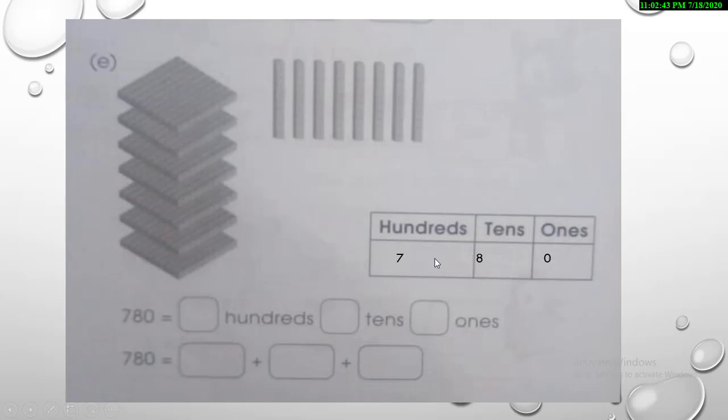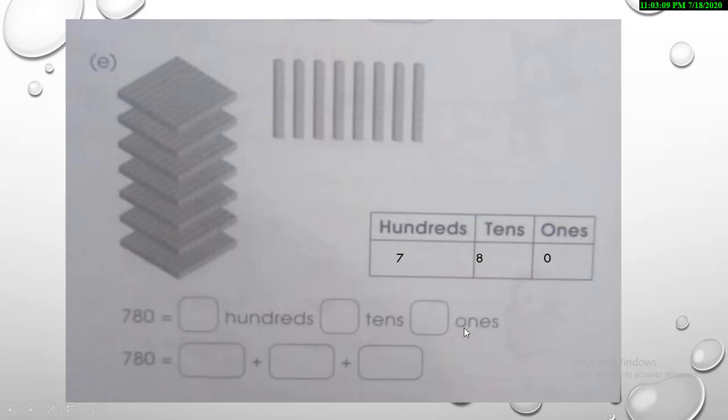One mistake that students make is that they write 700 over here with two zeros, which is totally wrong, because once it is mentioned at the hundreds place, you don't need to mention any zero with it. The total blocks we have are 780, which is mentioned over here. So there are dash hundreds, dash tens and dash ones.